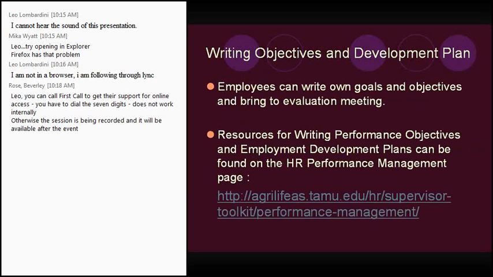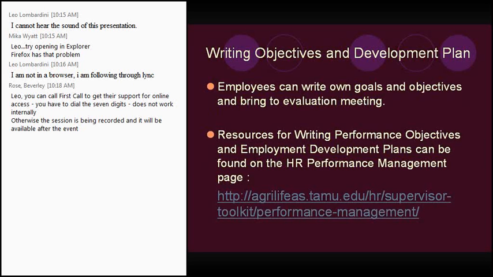So some additional info on that, employees can actually write his or her own goals and objectives and bring it to your meeting. And then the supervisor and employee can agree on the ones they want to use for the upcoming year. You can also work on the development plan, and then you can attach them as a separate document, or you can enter them directly to the online form.